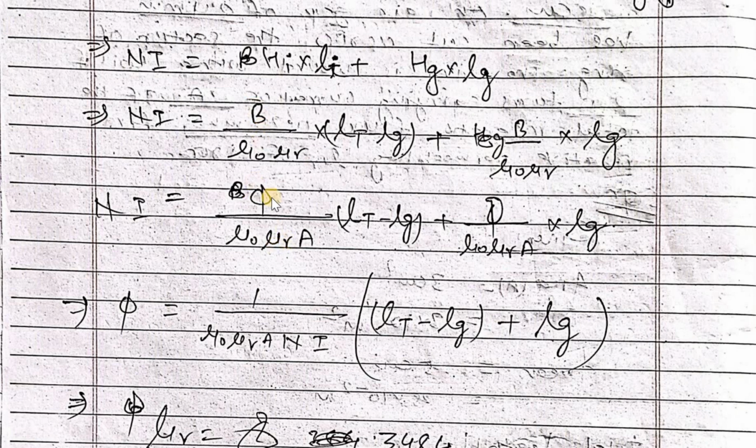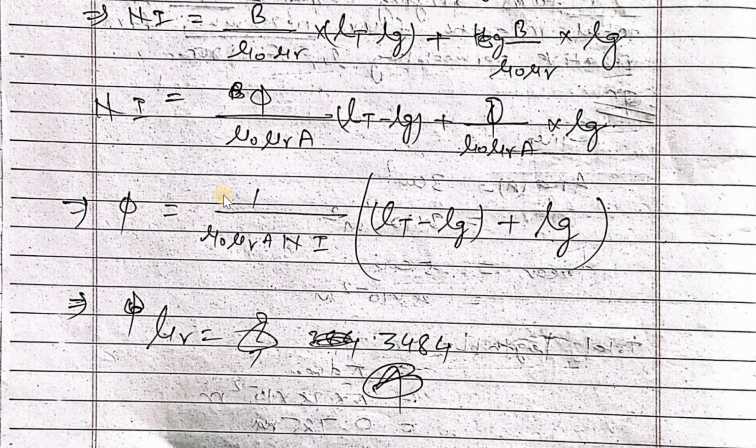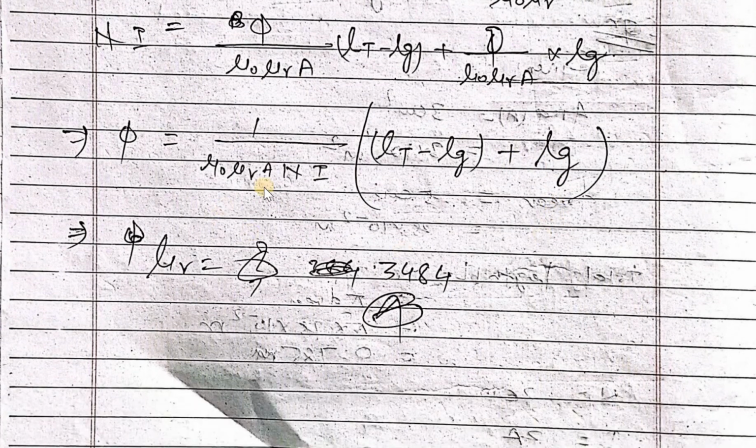In the place of B, we can write phi upon A. So phi equal to 1 by mu naught mu r A, Ni upon Lt minus Lg plus Lg. Then put all the values. We can get the value of mu r, and the value of mu r is 3484.